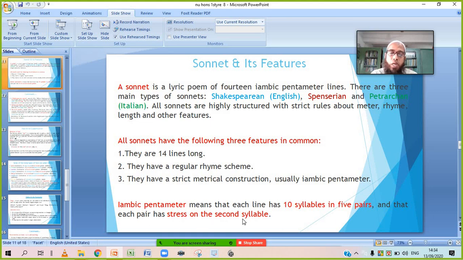The first one is unstressed and the second one is stressed. So these are the basic features of every sonnet: there must be 14 lines, a regular rhyme scheme, and a strict metrical construction, usually iambic pentameter.